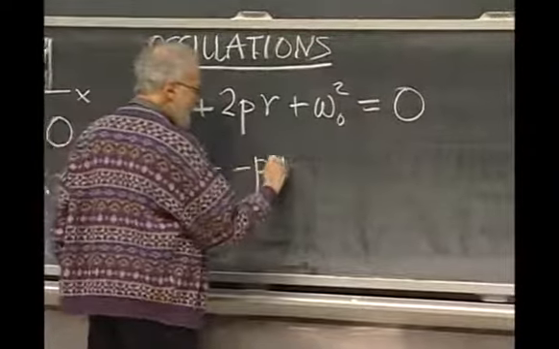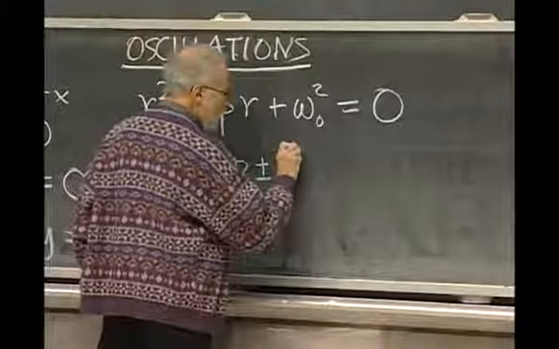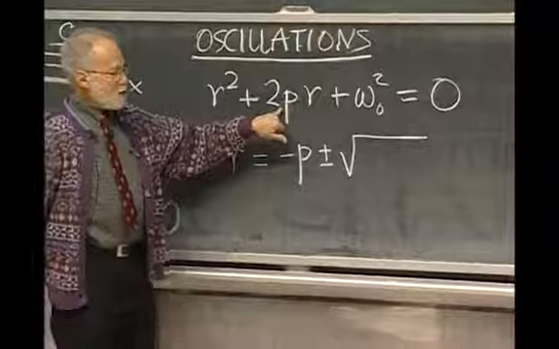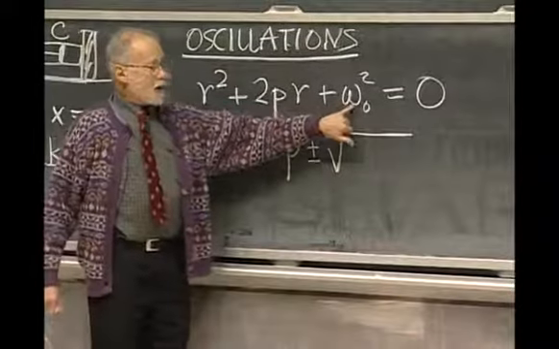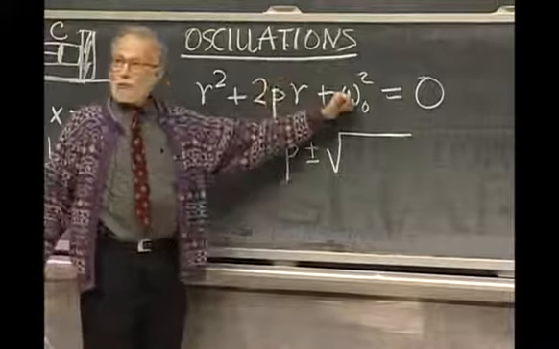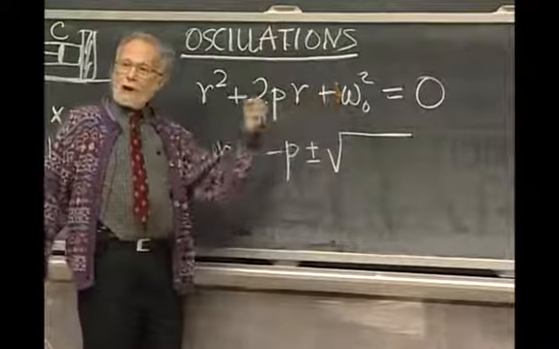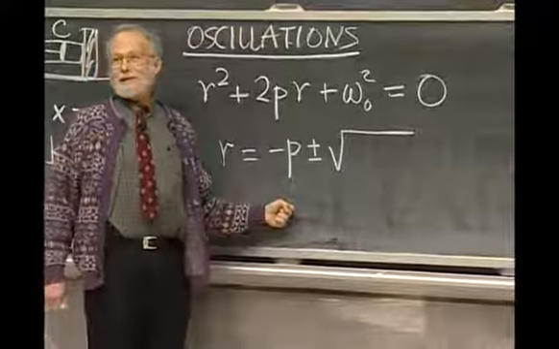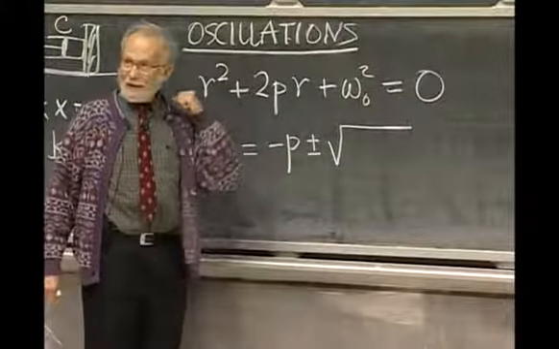And how about the rest? Plus or minus the square root of, now do it in your head, b squared, 4p squared minus 4 omega naught squared. So there's a 4 in both of those terms. When I pull it outside, it becomes a 2. And then the 2 in the denominator is lurking, waiting to annihilate it.